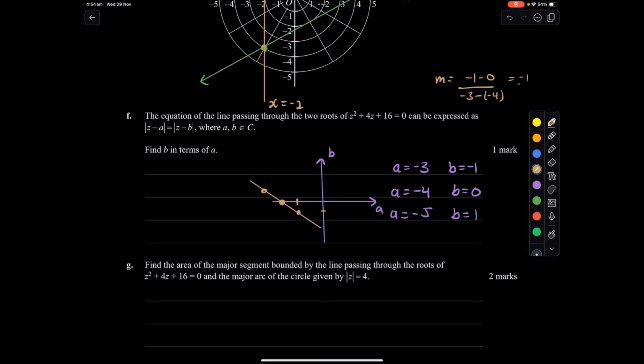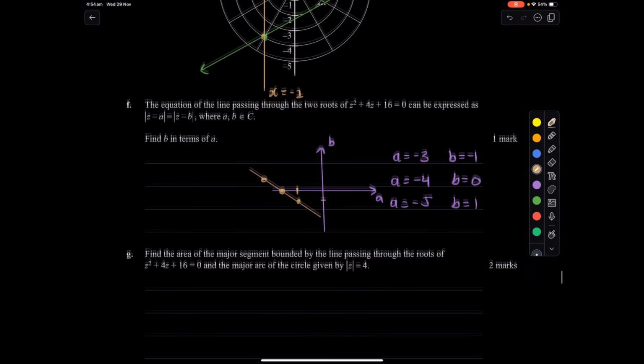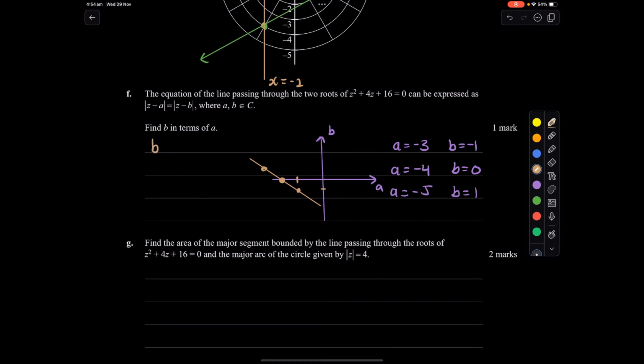So that will give us -1 over 4 minus 3, which is pretty much overall -1. So the gradient's -1, and it's downward. So we can write b is equal to -a, because a is our x value.